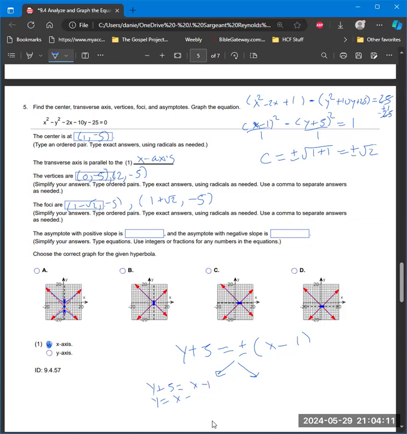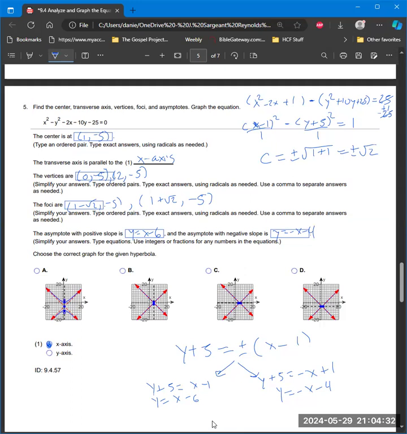And this is subtract 5, so y equals x − 6. Then y + 5 equals a negative x plus 1. y equals negative x − 4.